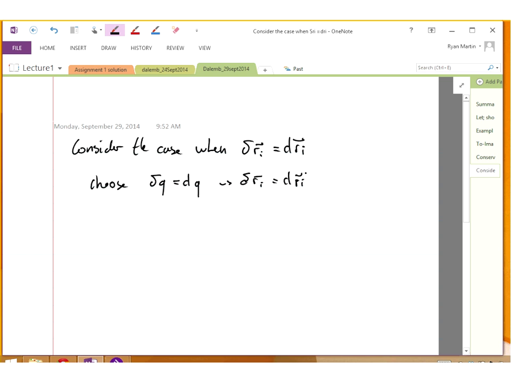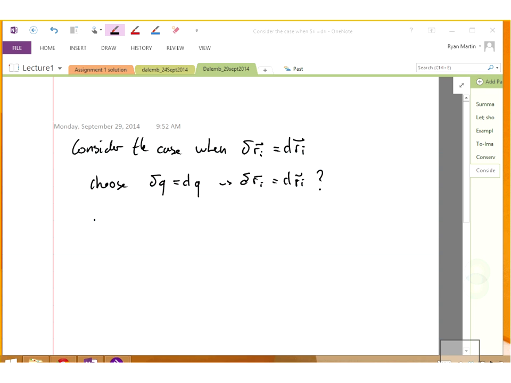And the answer is no. We know the answer is no because the q's are independent from each other, so we were always able to vary them independently. But we know that we're not allowed to vary the r's independently. So there's no reason to think that one particular choice of variations in the q's is equivalent to a variation in the r's. So it's generally not true that if you set delta q equal to dq, you'll get delta r_i equal to dr_i.